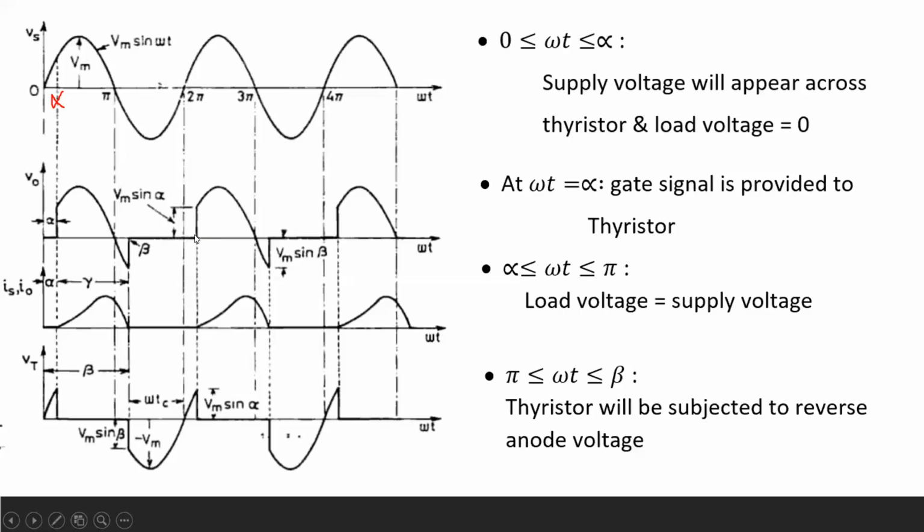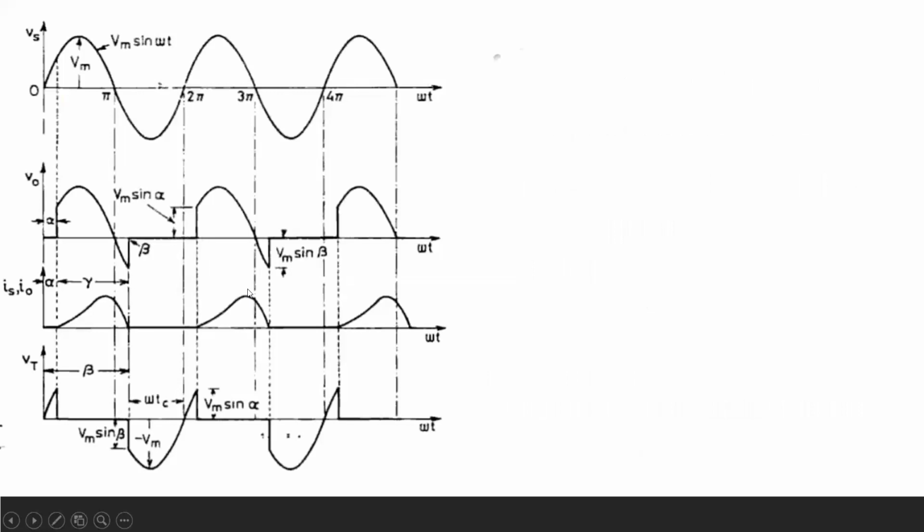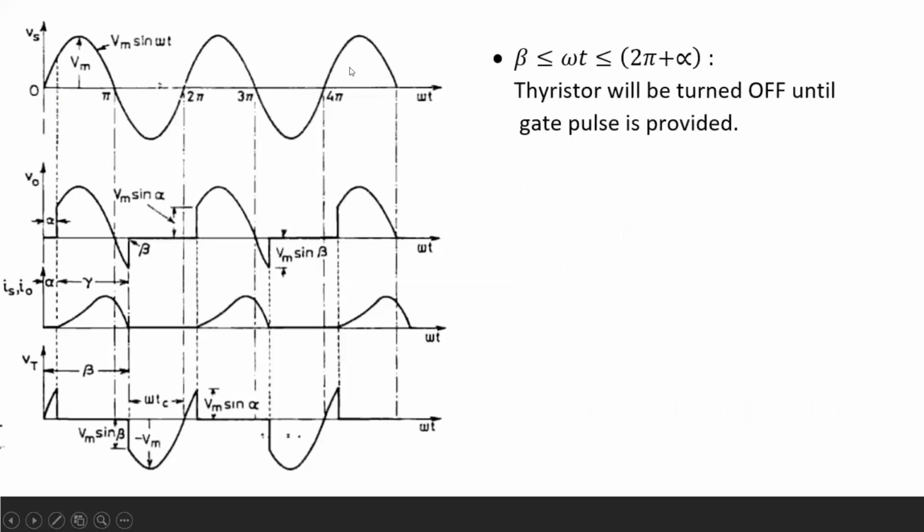The thyristor will be in the on condition, and the process will get repeated, right? If we can see in the interval beta to 2 pi plus alpha, we are not providing any kind of gate signal, so the thyristor will be in the off condition.